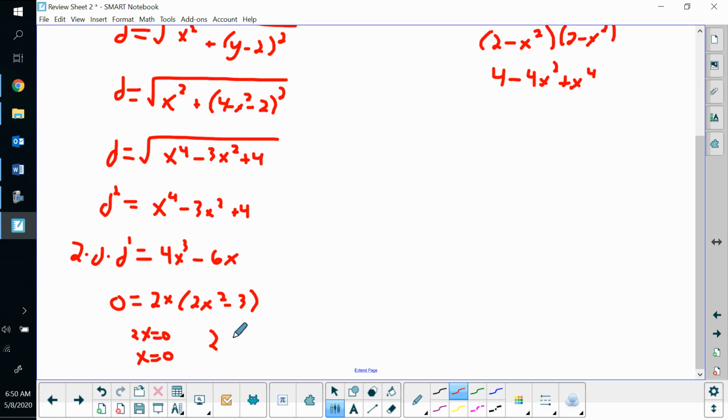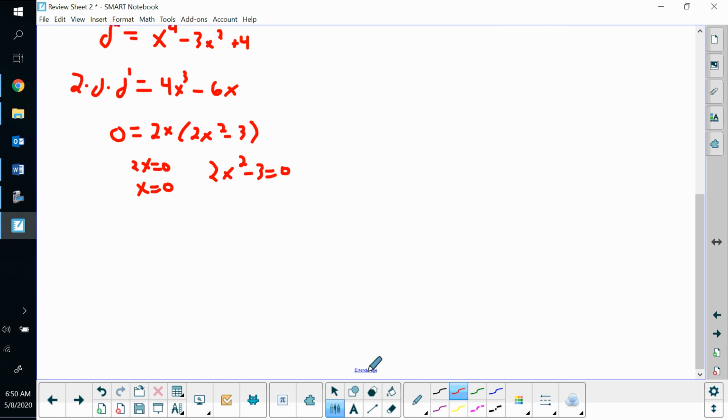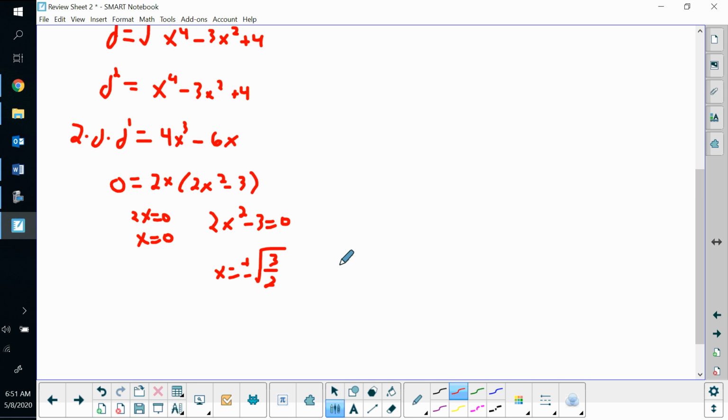And if we set this equal to 0, we would get x equals plus and minus the square root of 3/2, when we add over the 3, divide by 2, and take the square root.